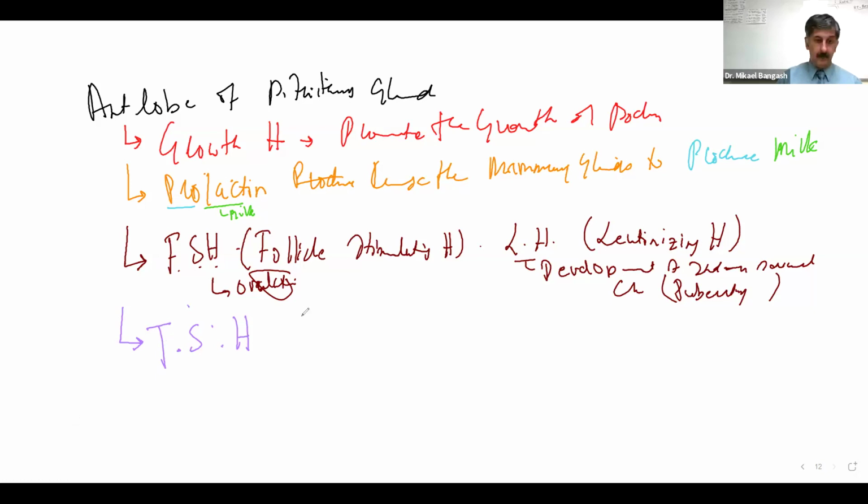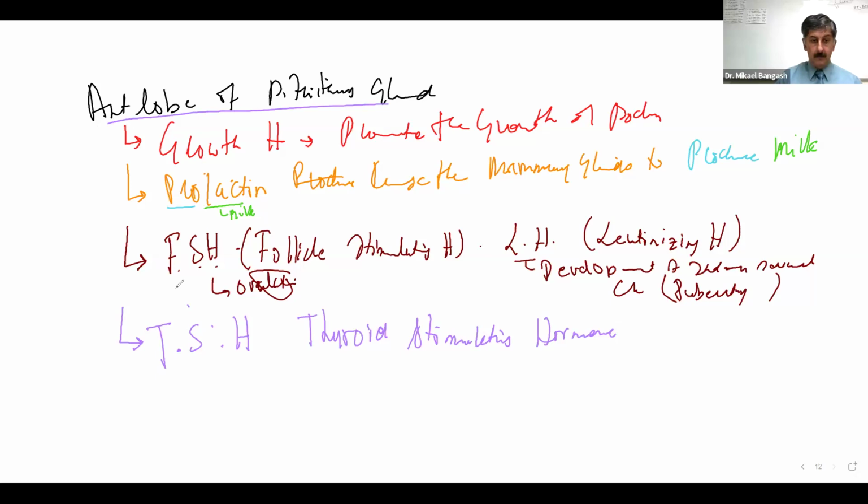TSH stands for the thyroid stimulating hormone. So that's a hormone produced by the anterior lobe of your pituitary gland.